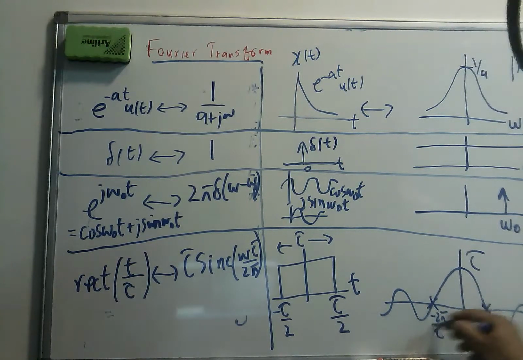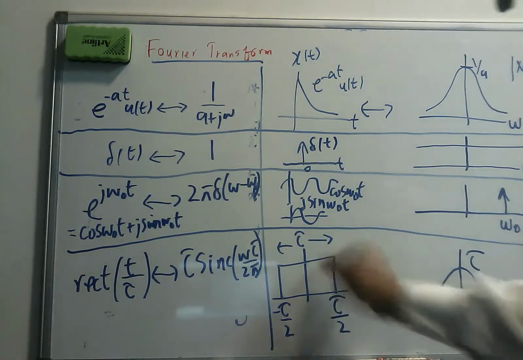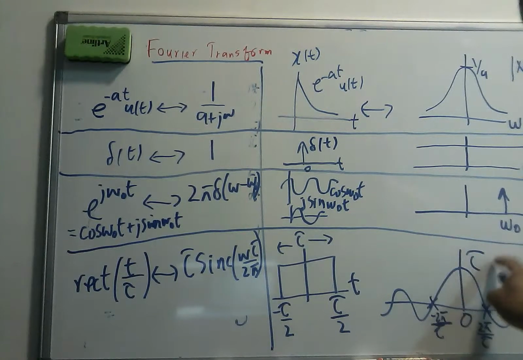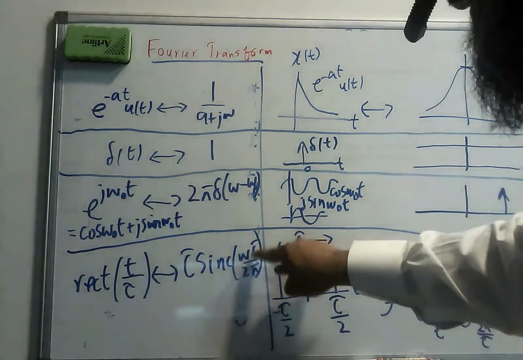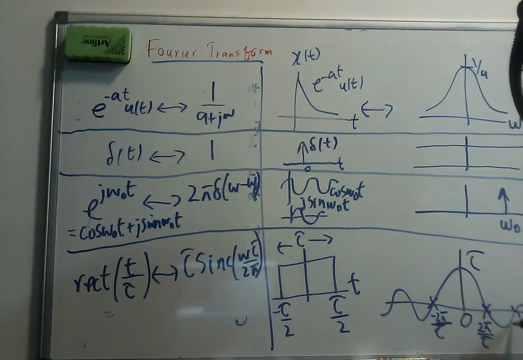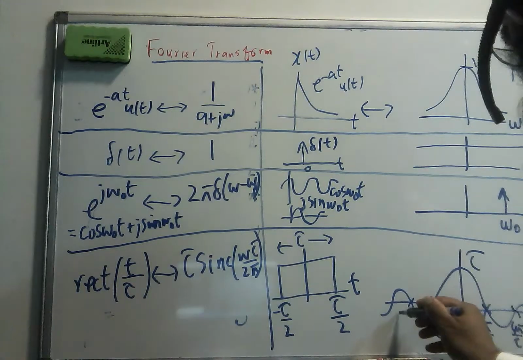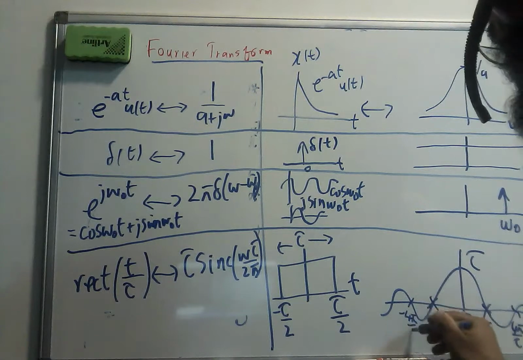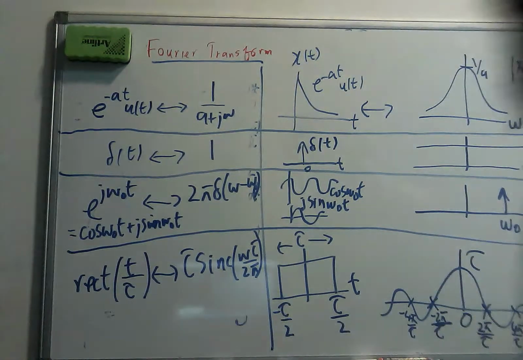So this is how I draw it. This is the first 0, and the second 0 is at 4 pi by tau, minus 4 pi by tau.